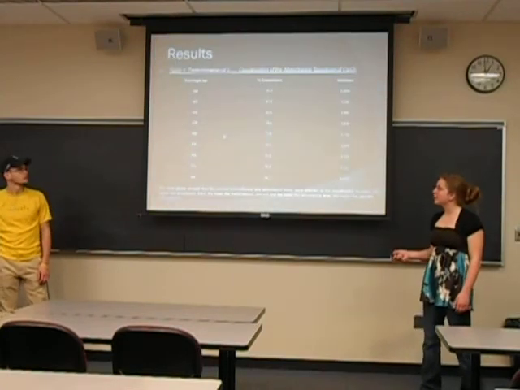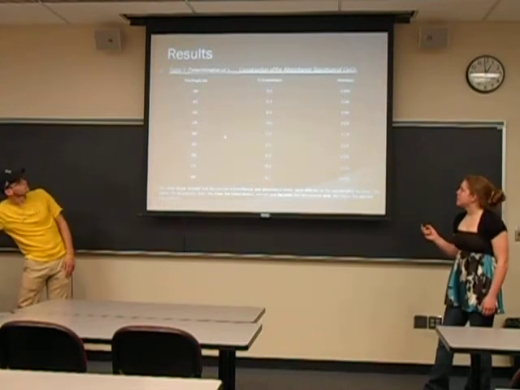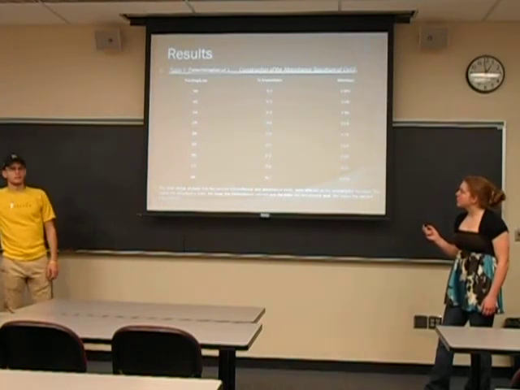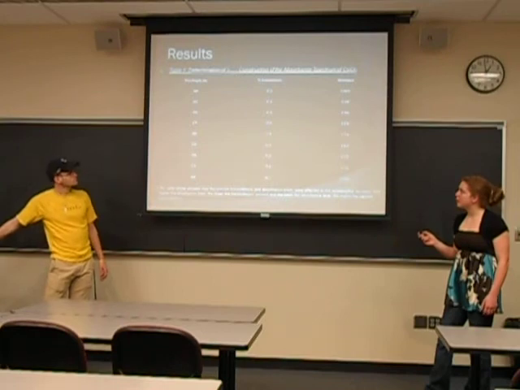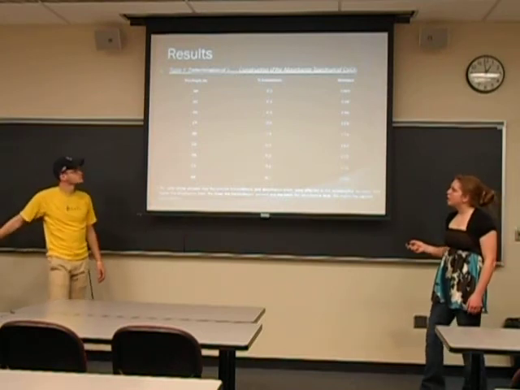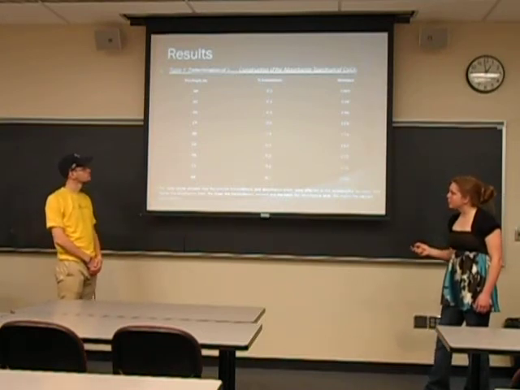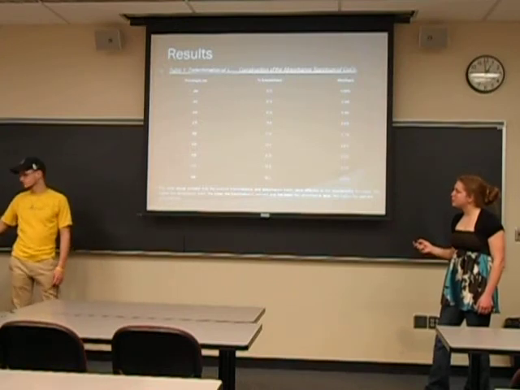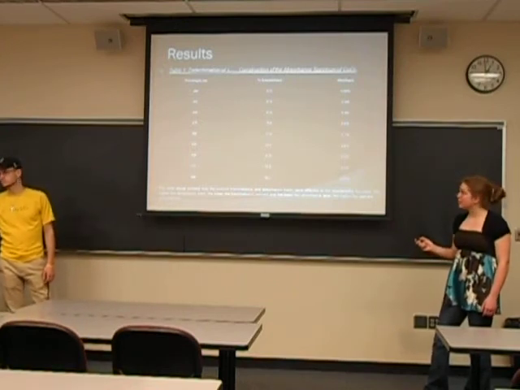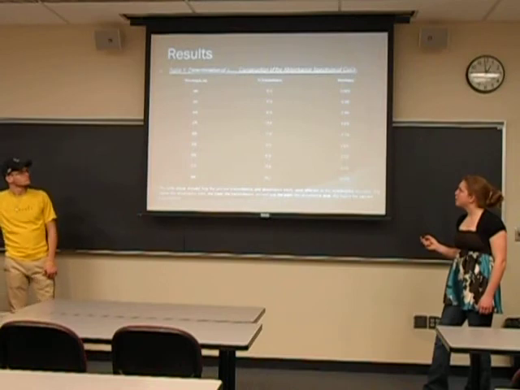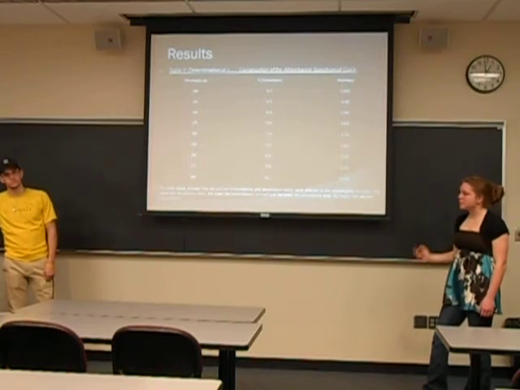And table 1 showed that. Basically, as was said, the absorbance was lowest and the transmittance was the highest at 400 nanometers. And then it was the lowest at 500 nanometers, with 17.6 percent transmittance and 0.754 absorbance.